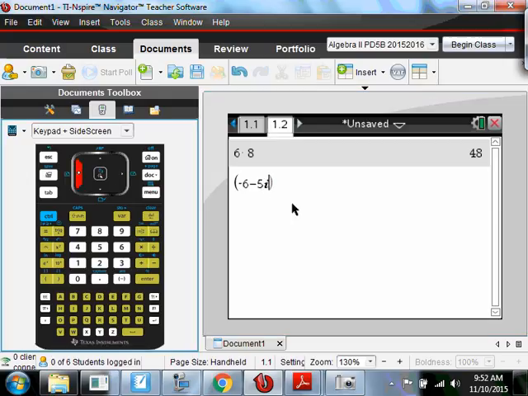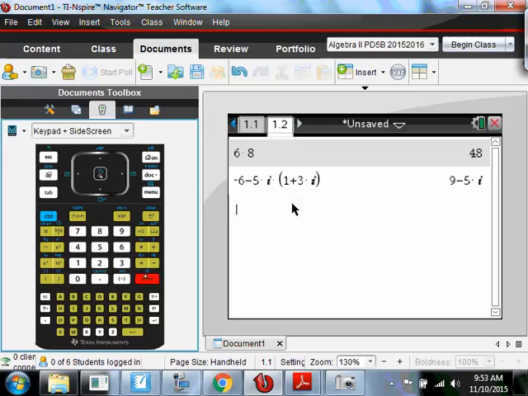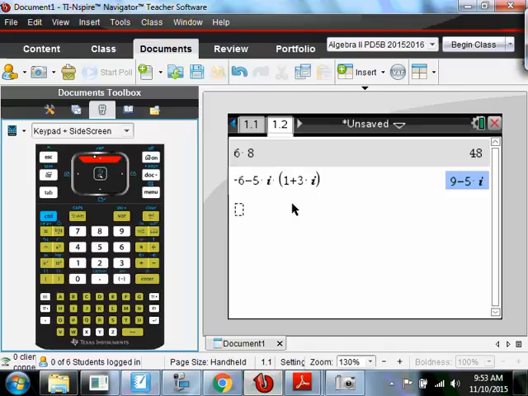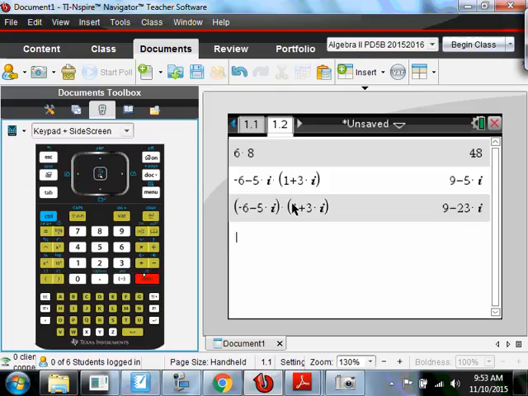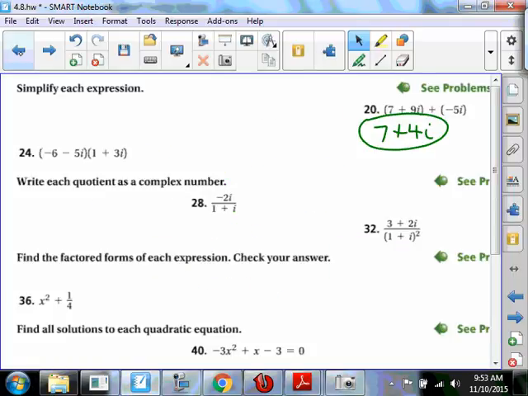So we have that times the group of 1 plus 3i. And there you go. Whoa, I think I did something wrong. Yeah, I forgot to put parentheses around this. If you forget parentheses, it's kind of a big deal. There we go. Okay, so 9 minus 23i is what we were looking for. So that's 24. If you got that one, great job.